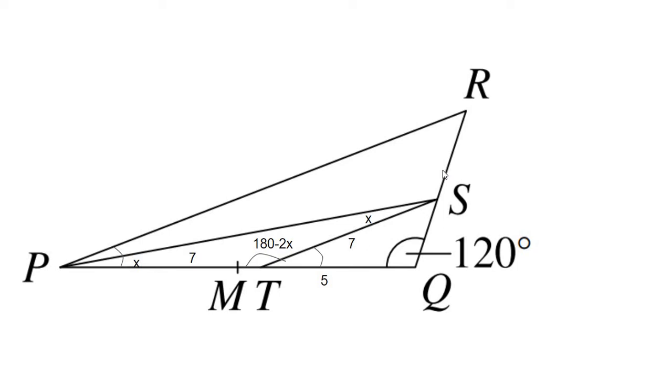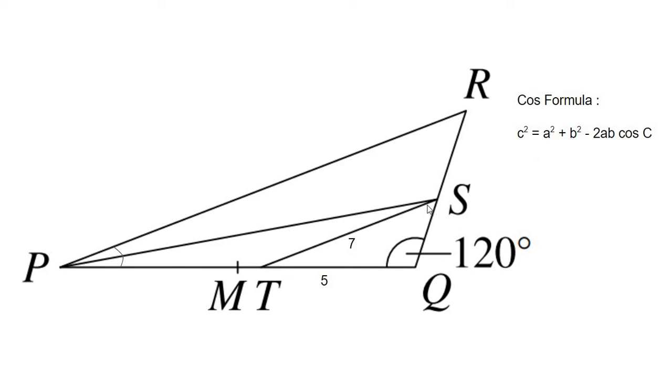Now let's get rid of everything except the 7, 5, and 120 degrees. So this is now important because we might be able to solve this problem. There's a formula called the cosine formula, which says c squared is equal to a squared plus b squared minus 2ab cos C. So c in this is the length of side c, which is the longest side.